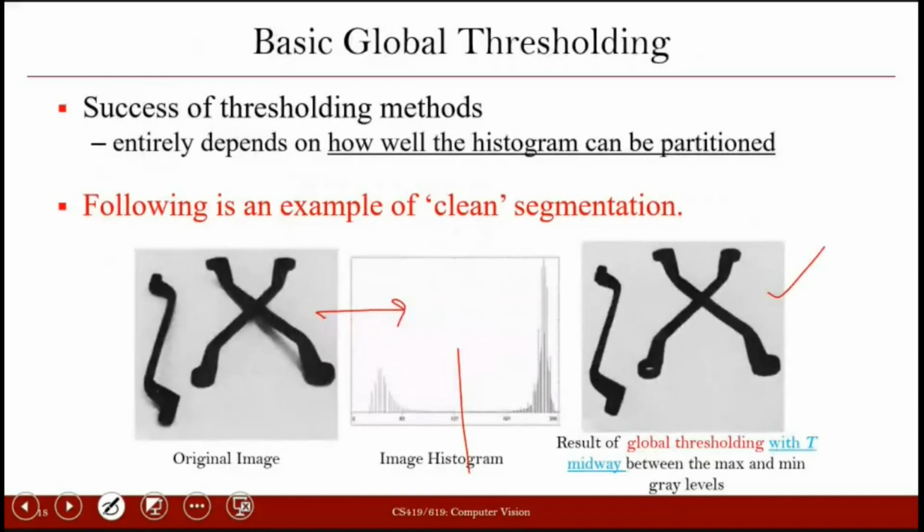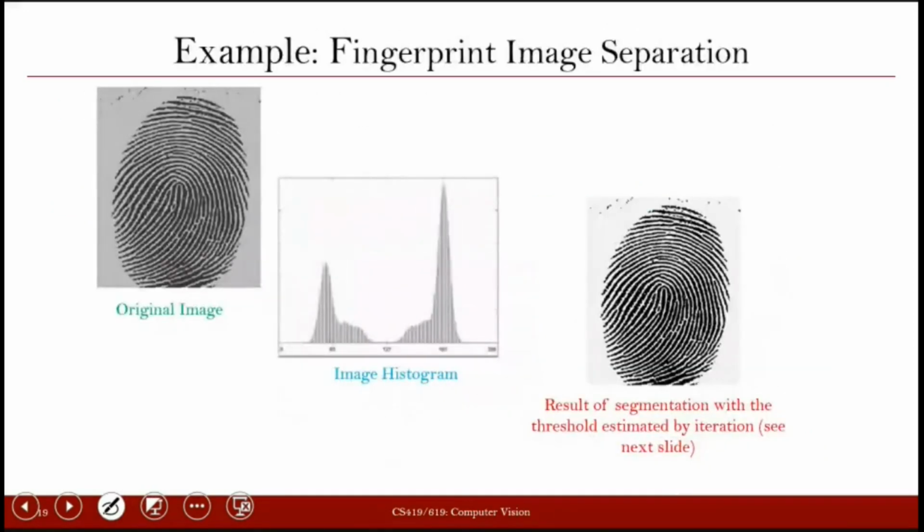There are a few examples where thresholding is very useful. For example, this one represents an industrial scenario where you have industrial tools and you want to segment them from the background. Another application where segmentation based on thresholding can be performed very well is fingerprint image segmentation, when you want to separate the fingerprint from the background.